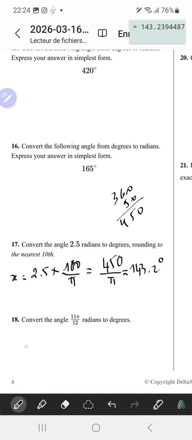Here, for example, 80, it is 11 pi over 12. Just by logic, we have to eliminate the pi, so the pi will be under, and here we will have this.